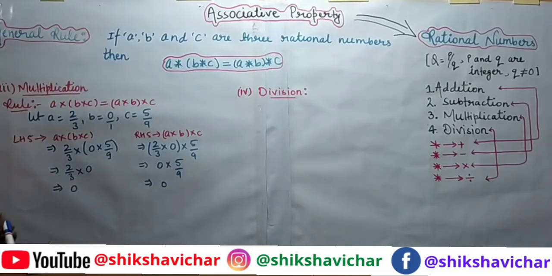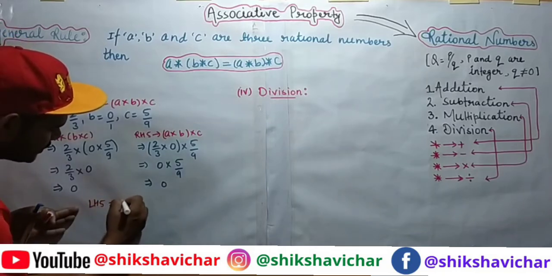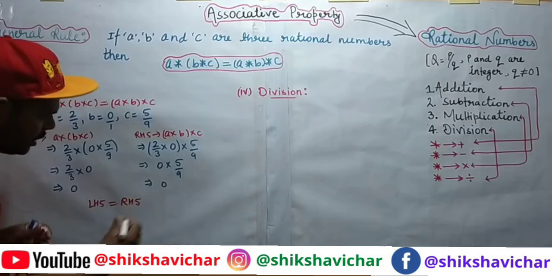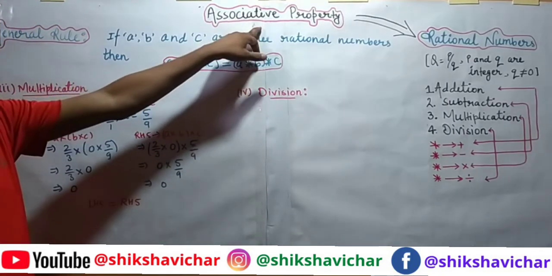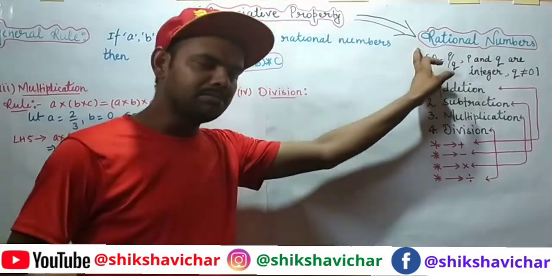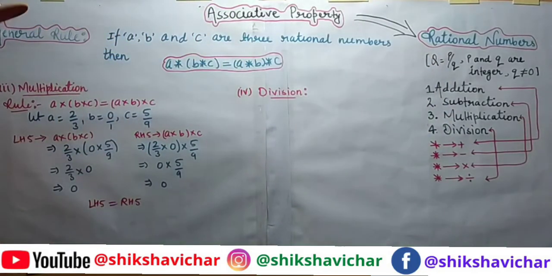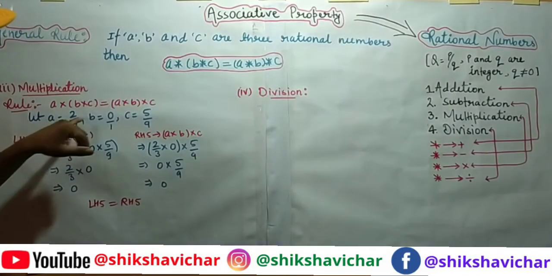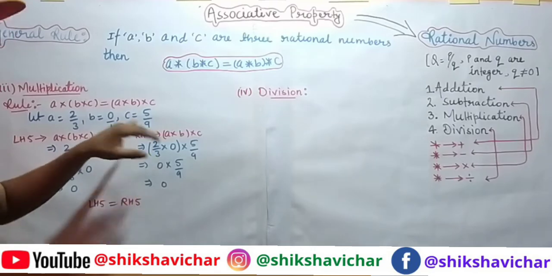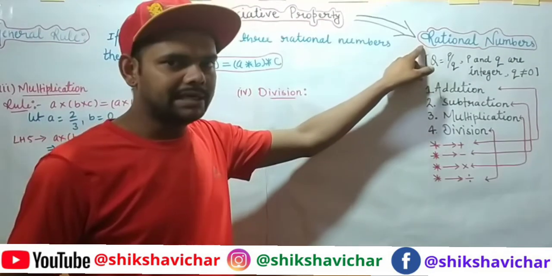We observe that the value of the left hand side (LHS) is the same as the right hand side, and it means that the associative property for rational numbers with respect to multiplication is satisfied. You can take other numbers instead of 2 upon 3, 0 upon 1, 5 upon 9, but the condition is that those numbers should come from the set called rational numbers.